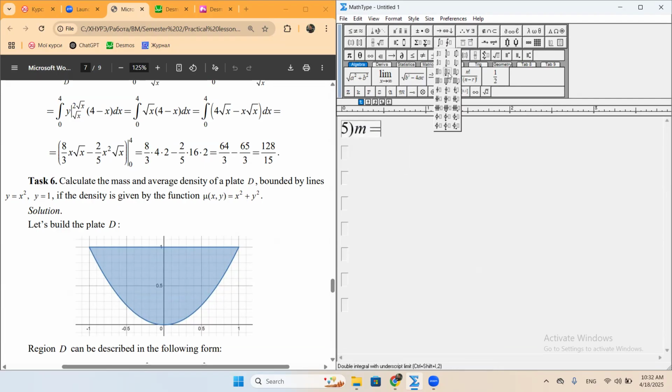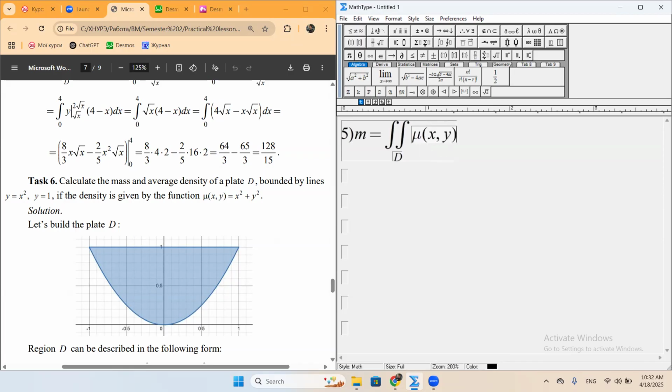We integrate the density by dx dy in this region. So in our case, it is x squared plus y squared.